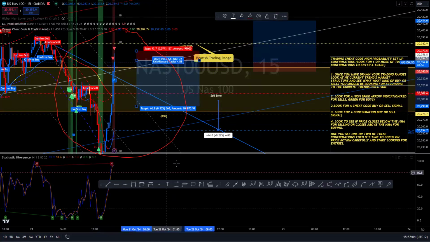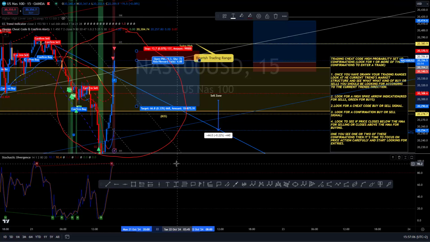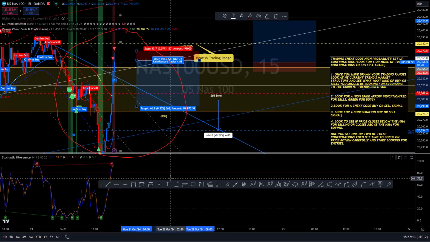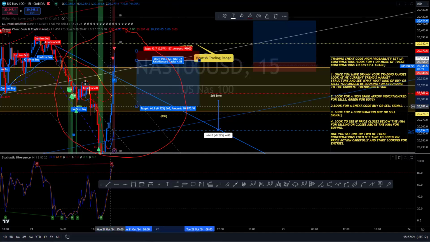So that's what I'm really looking at. So we might get the price bump destruction. We might get a strong penetration down to the structure, maybe.